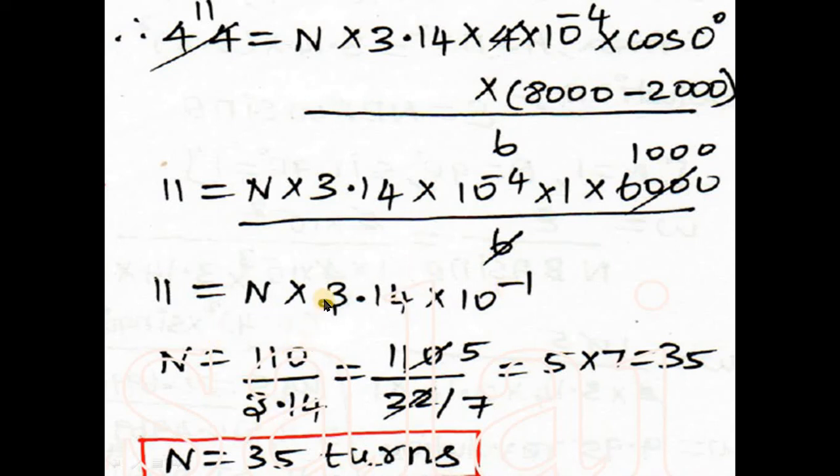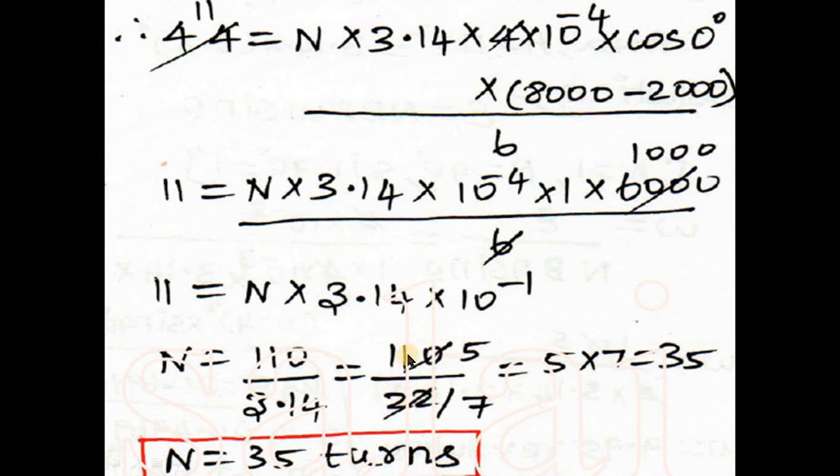Now rearrange this equation. N is equal to; this 10 power minus 1 goes to the left hand side, means into 10, that means into 10 power plus 1. 11 into 10 power plus 1 is nothing but 110. 110 divided by 3.14 can be written as 110 divided by 22 over 7. This 7 goes to the numerator side, 5 into 7. Here 110 divided by 22 is nothing but 5.